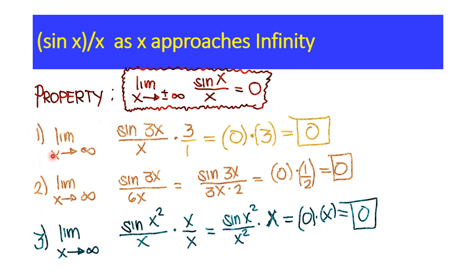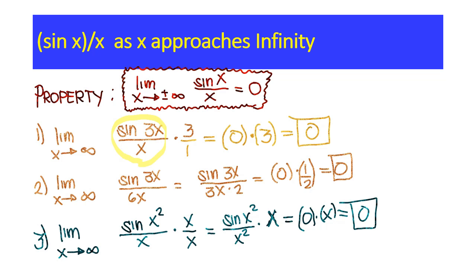Number 1, we are asked to evaluate the limit of sin 3x over x as x approaches infinity. Kung atin pong mapapansin, this one does not fall on the property. Kulang po tayo ng 3 sa denominator.